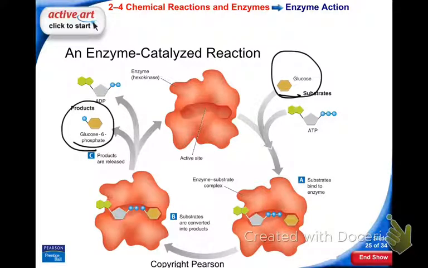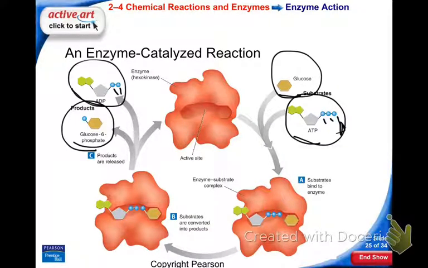So the substrate has been changed. ATP goes in with these 3 phosphate groups, and what comes out is something called ADP, which only has 2 phosphate groups. So see that little blue ball there that was here is now here. So this enzyme helps facilitate this chemical reaction, this transfer of the phosphate group over.